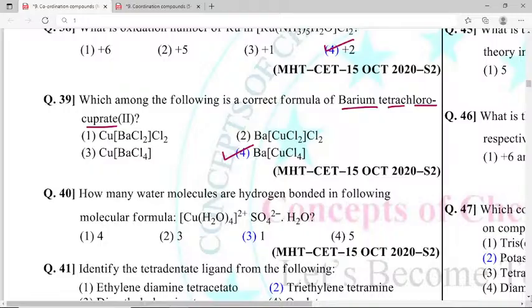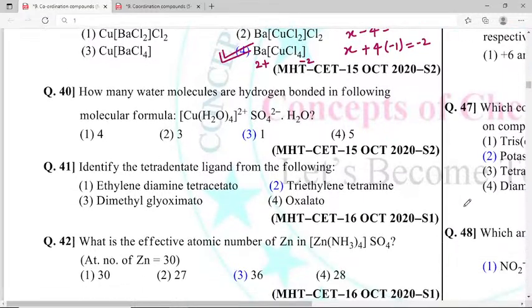Barium has plus 2, so this is plus 2. The complex has minus 2. So Cu, x value, plus 4 times Cl having minus 1, is equal to minus 2. So x minus 4 is equal to minus 2. So x equals plus 2. X is equal to how much? Plus 2. So option number 4 is correct.